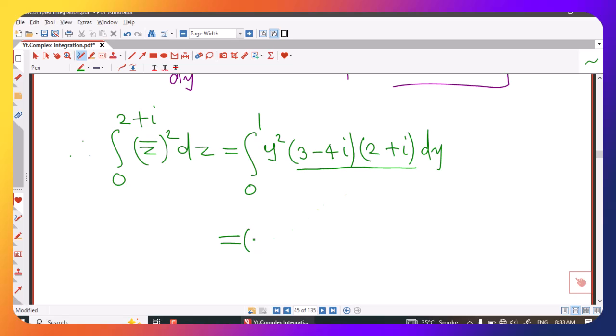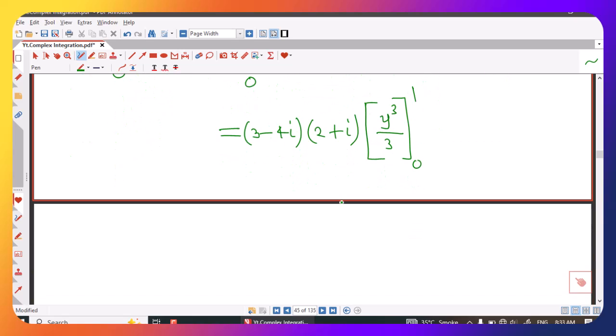This quantity is independent of y, so we can take it outside the integral, and the integral of y squared is y cubed divided by 3. The limits of y are from 0 to 1. And now we multiply these two using the definition of the product of two complex numbers, that is real into real. So 3 into 2 is 6, minus imaginary into imaginary.